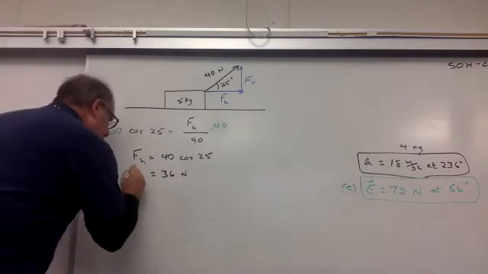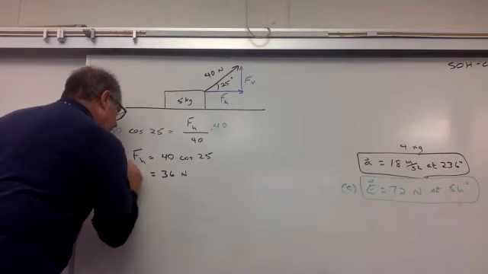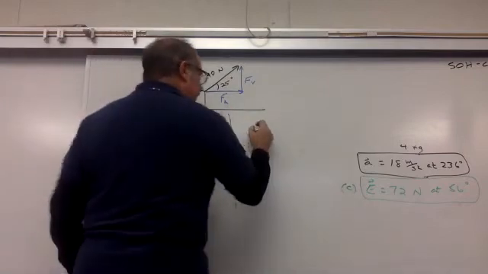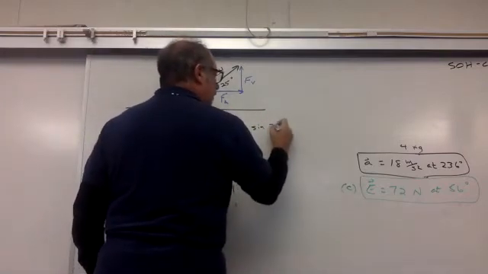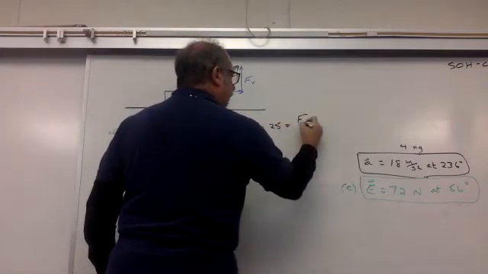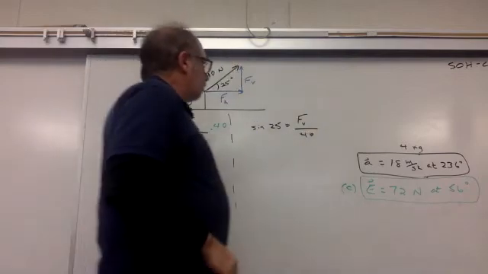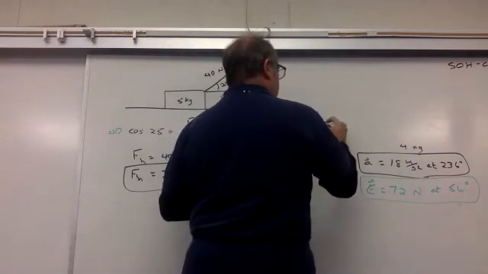So that's 36 newtons. For force vertical, I'm going to use the sine function because it's the opposite side. So sine of 25 is force vertical over 40. Multiply both sides by 40.